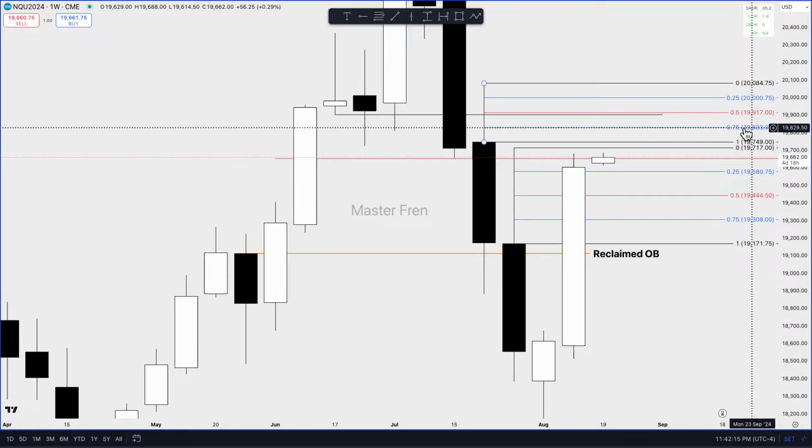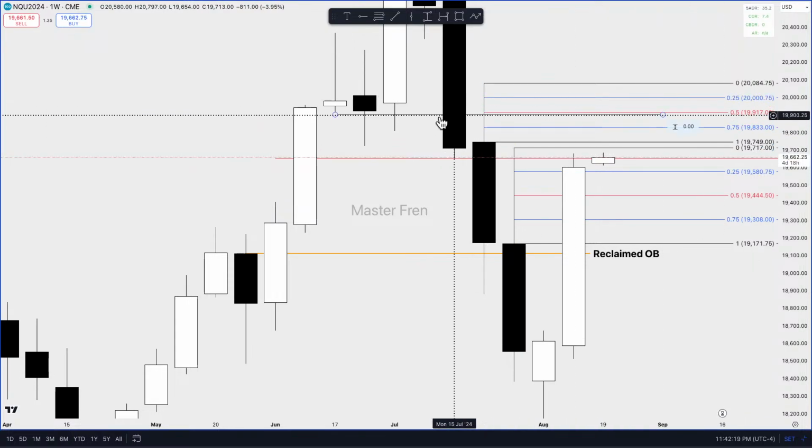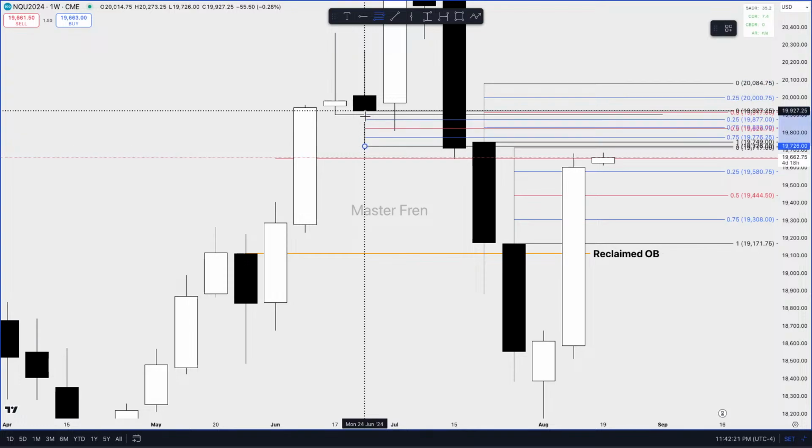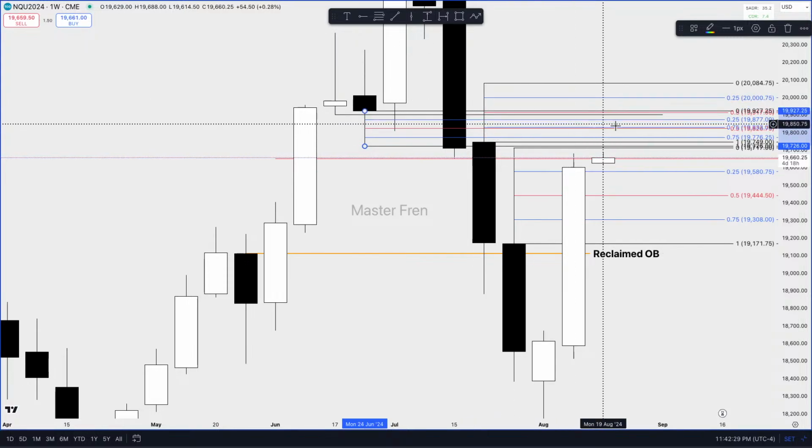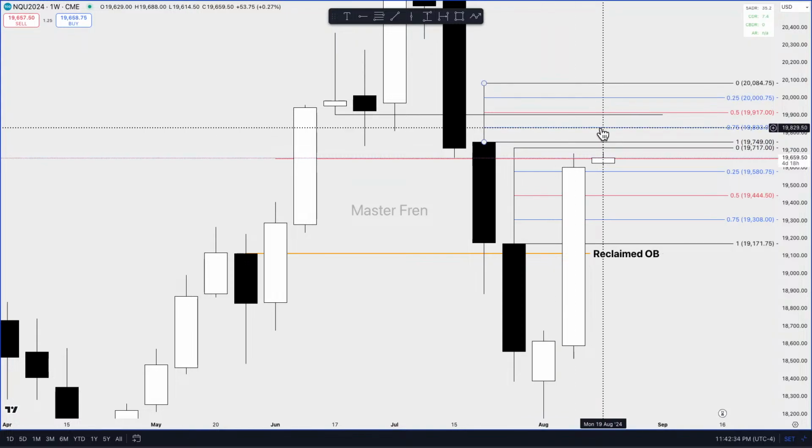No. So that is not something, but this midway point of this tail here lands with the quadrant of this wick. So I like that. So there's sensitivity here. It's a price point that the algorithm remembers.